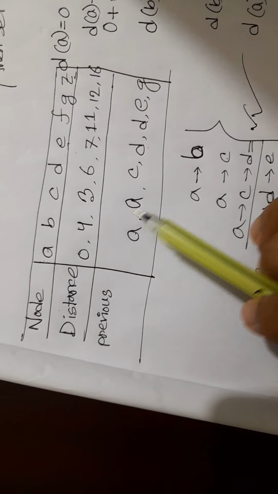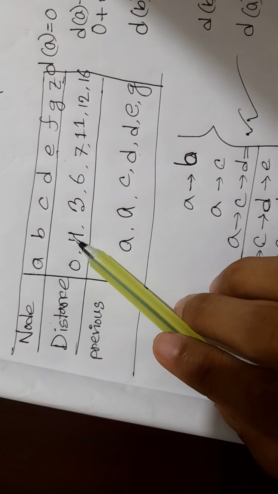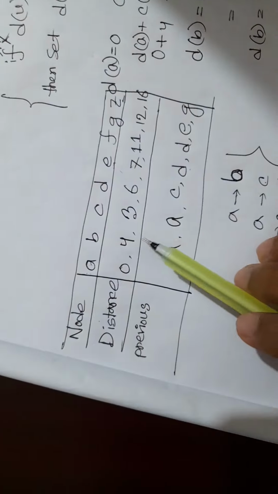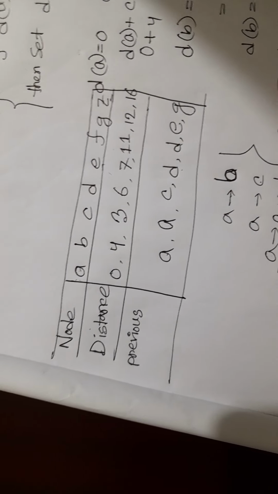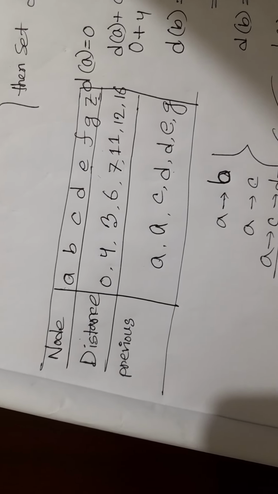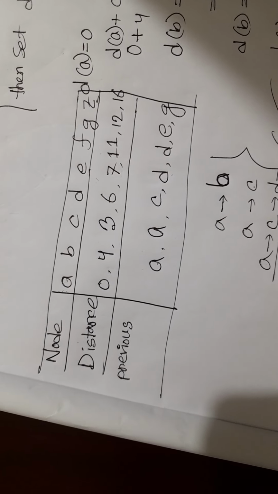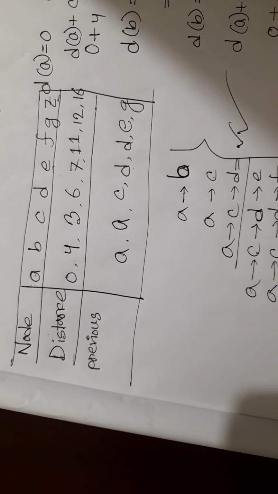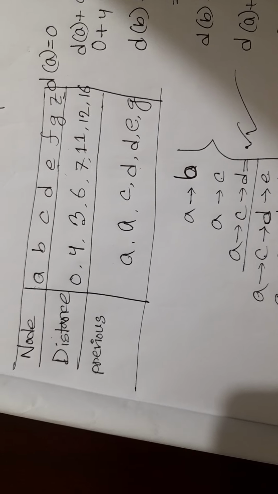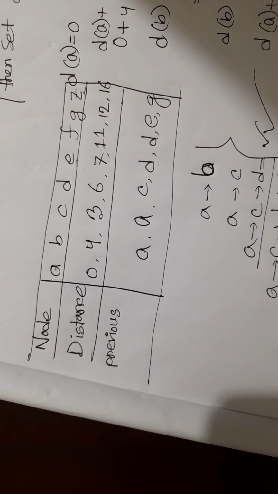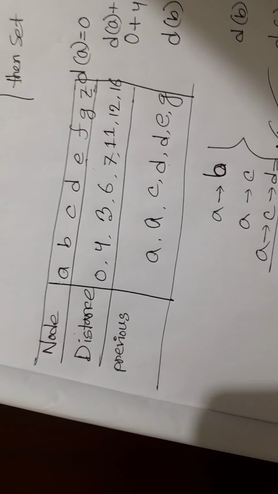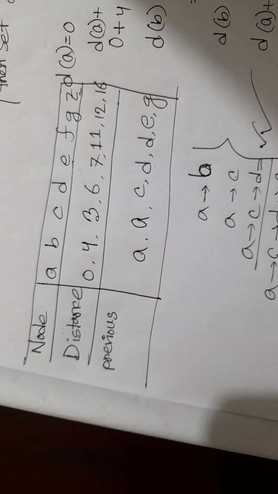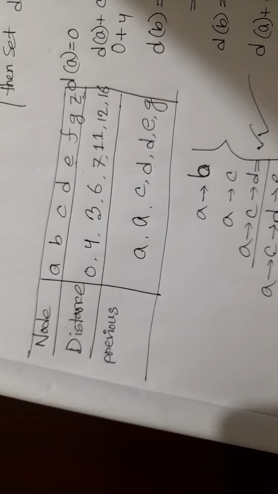A at 0, C at 3, so for this, the distance of A plus distance of C plus distance of D: the distance of A equals 0, the distance of C equals 3, the distance of D equals 6, which equals 9.